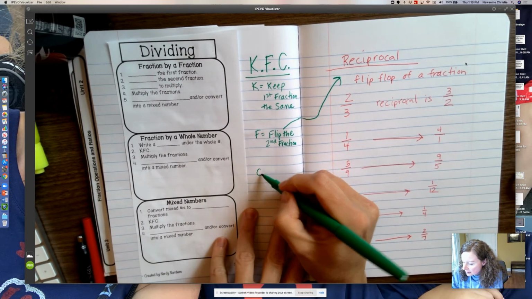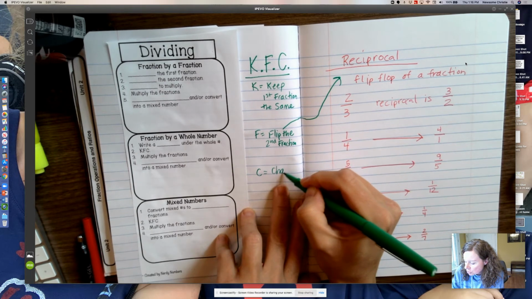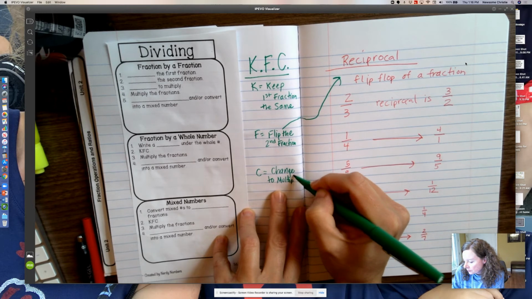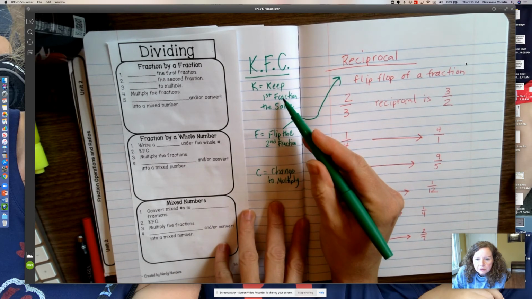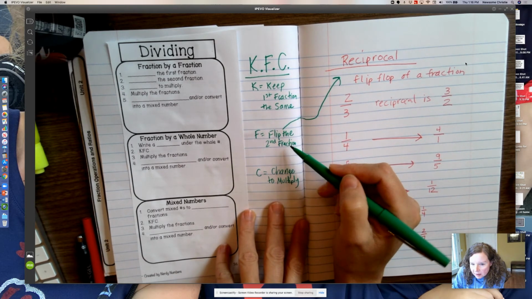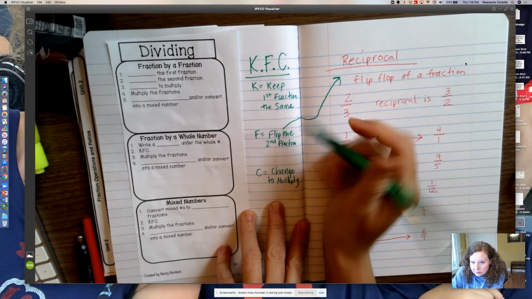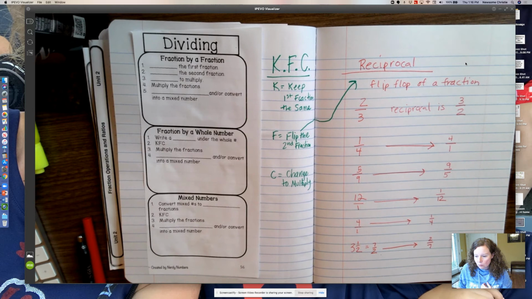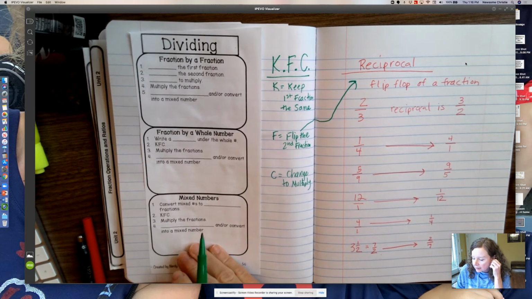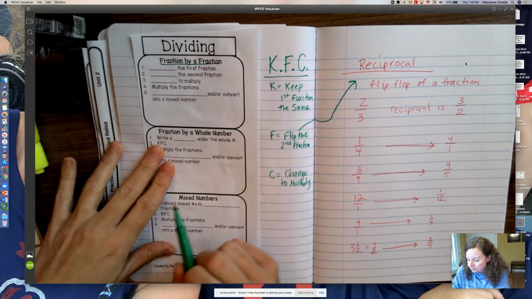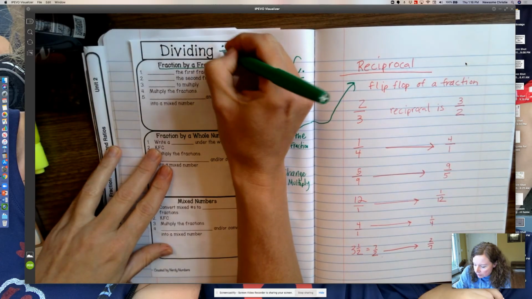And then C stands for change to multiply. Okay, so we keep the first fraction the same, we flip the second fraction, we change it to multiply. KFC. Okay, and so let's take a look at how that works with our examples here. So when we have a fraction by a fraction, this is all division.